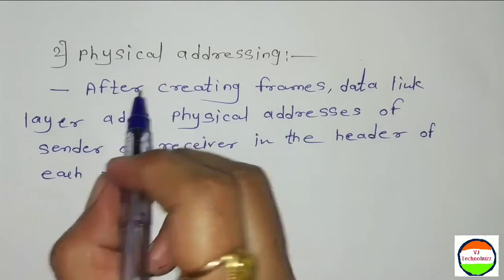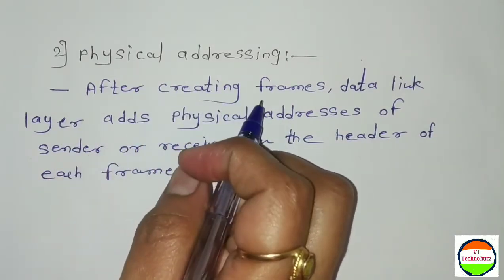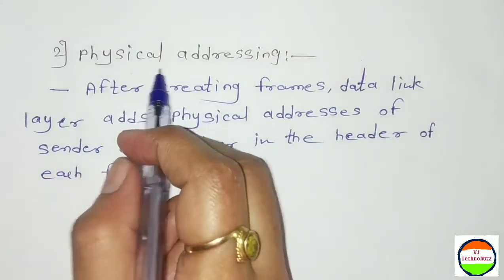So this is the second function of the data link layer, that is physical addressing.